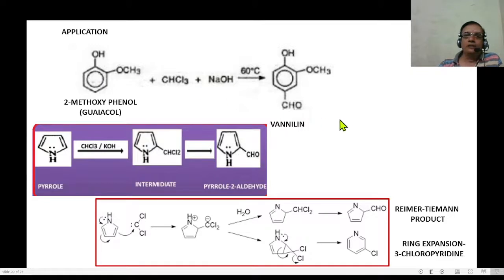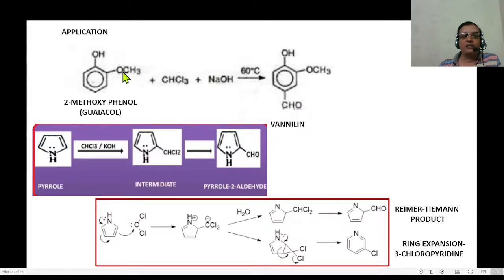Now we'll discuss the applications of the Reimer Tiemann reaction. We are taking an example of 2-methoxyphenol, which on treatment with chloroform and sodium hydroxide at 60 degrees Celsius leads to the formation of vanillin. Here you can ask why ortho-formylation is not taking place.